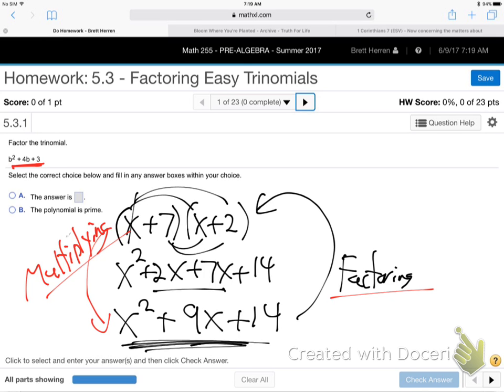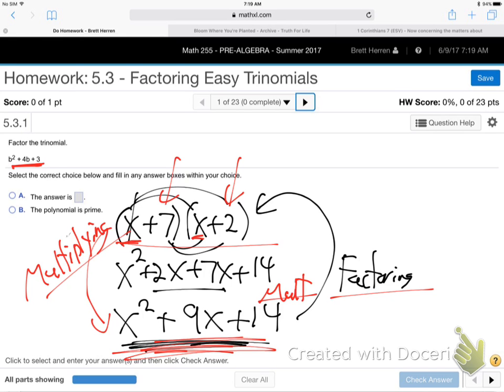Okay, so well, how do you know? So suppose you look at this and you go, okay, it's going to be one of those double parentheses. How do you know it's a 7 and a 2? X is in the front, but how do you know it's 7 and 2? Alex? The lone number without an x is multiplied. Yeah.